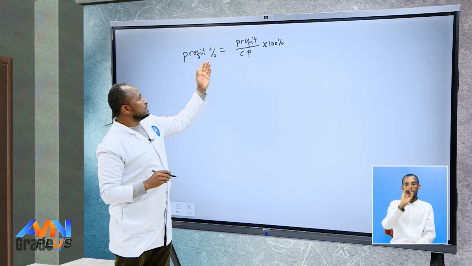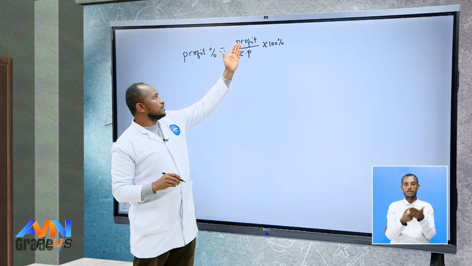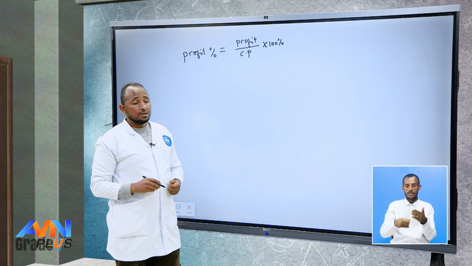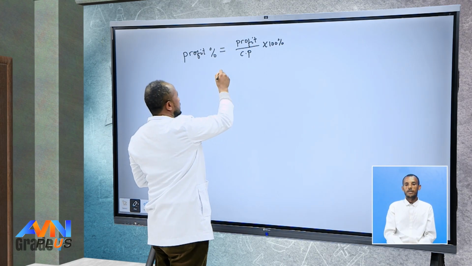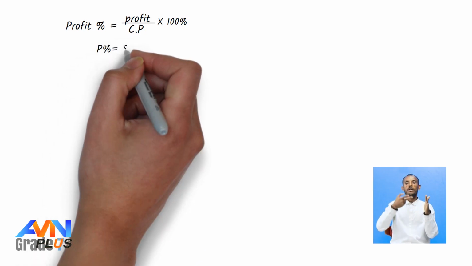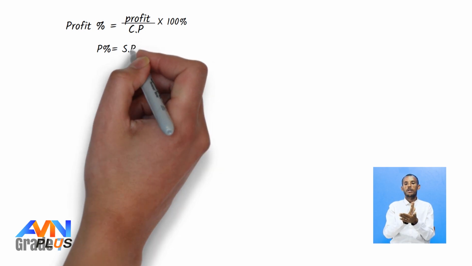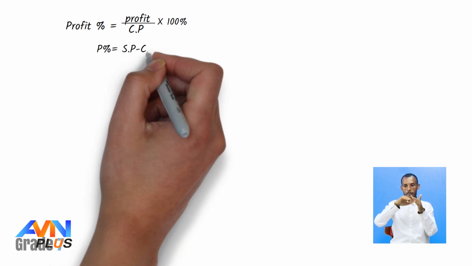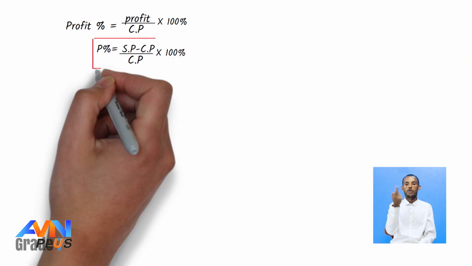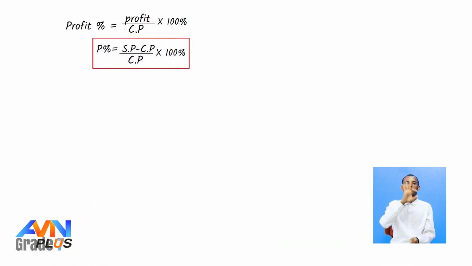Therefore, profit percent is given by this equation: profit divided by cost price times 100%. In other words, we can rewrite this in this form: profit means simply the difference between selling price minus cost price, divided by cost price times 100%. So this will be the formula we use to calculate the profit percent.